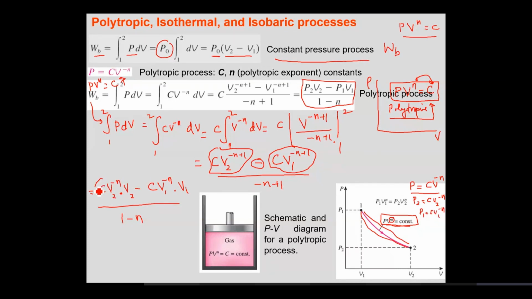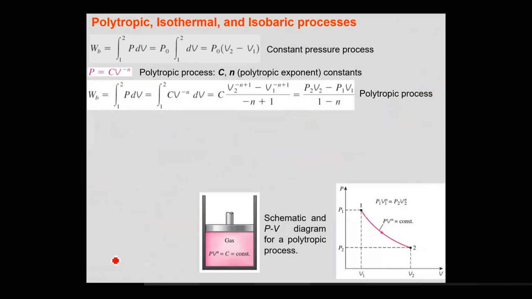So you can replace this expression over here with P2 and this expression over here with P1, and essentially for a polytropic process the boundary work is (P2 V2 minus P1 V1) over (1 minus n). So this n would determine the amount of boundary work or the shape of the curve. Once n determines the shape of the curve, the boundary work would change. Clear enough?